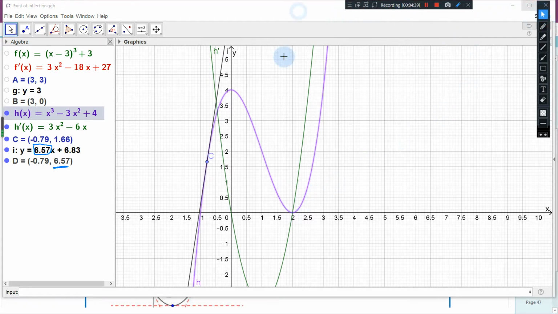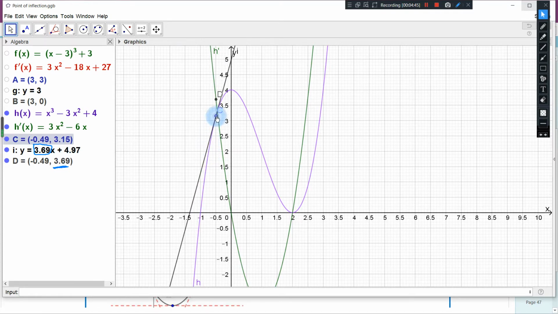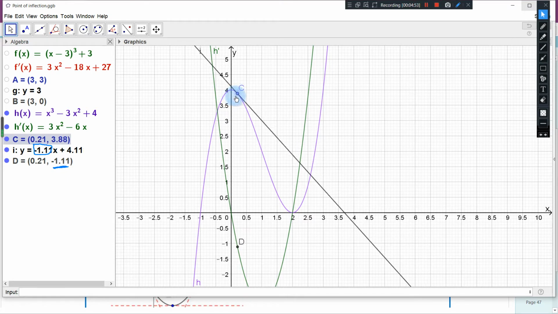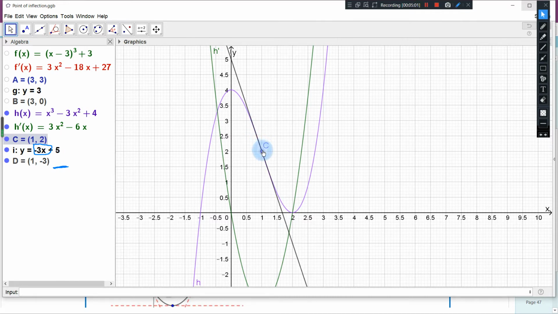Now, the gradient of the tangents decreasing, right? Decrease. Keep on decreasing. And until this point, you will notice that the gradient of tangent start to increase.